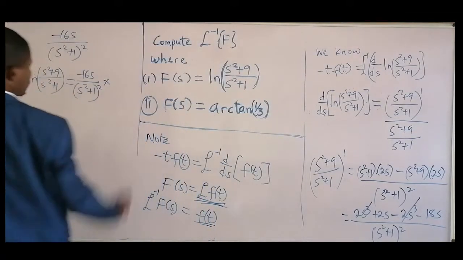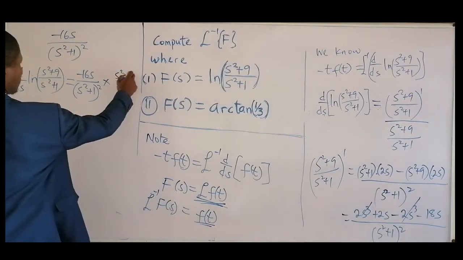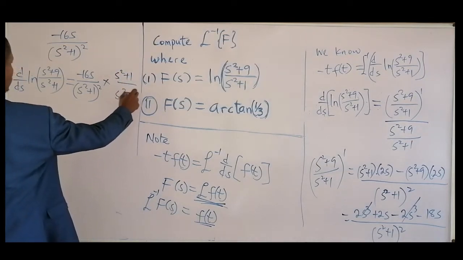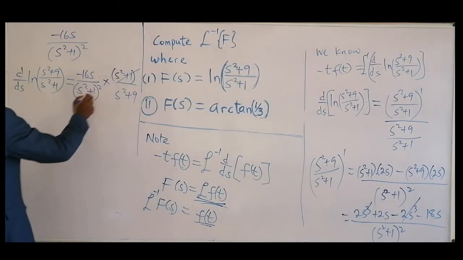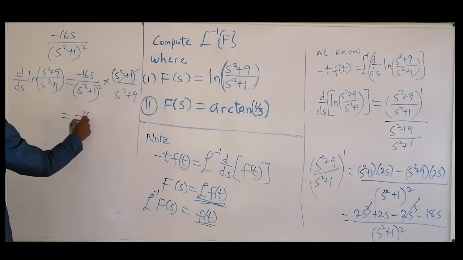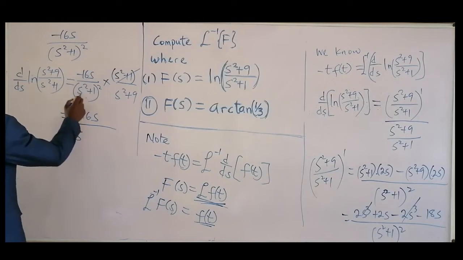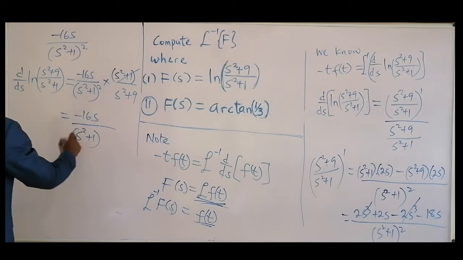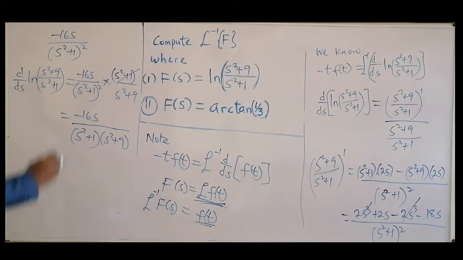So you flip that fraction, s squared plus 1 over s squared plus 9. One of the s squared plus 1 factors cancels, so we have minus 16s over (s squared plus 1)(s squared plus 9). So we finish that derivative.